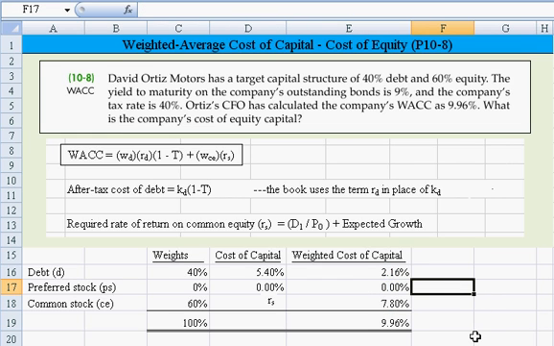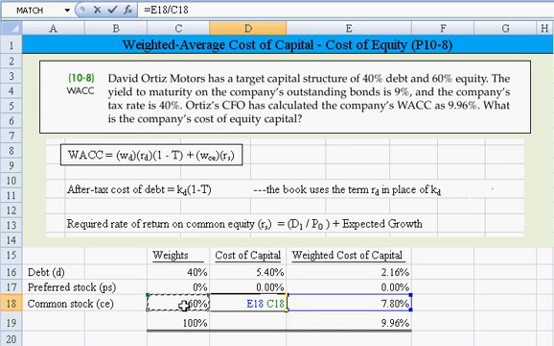And so now we say, well, 7.8 was equal to 60% times RS. So to calculate the cost of equity capital, we just simply take the 7.8 and divide it by 60%, right? Because this cell times this cell equals that cell.